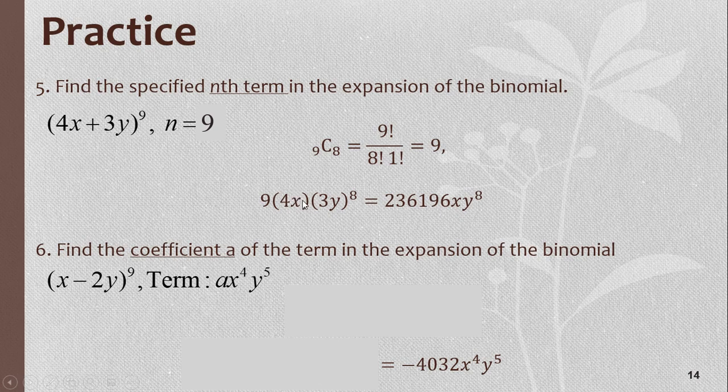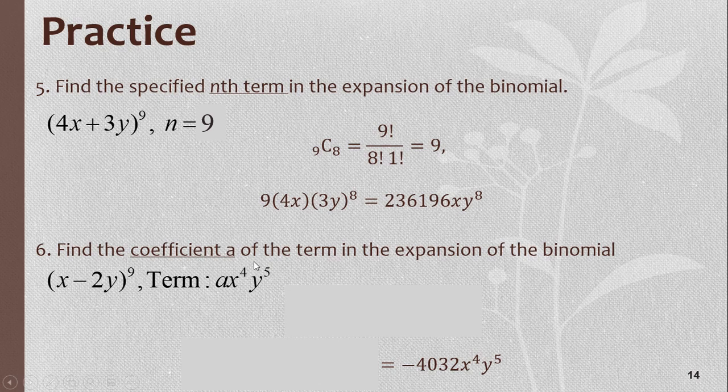So here, the x term, since remember the x is going in descending order, it goes from 9, 8, 7, 6, 5, 4, 3, 2, 1 for the 8th term. And here it goes 0, 1, 2, 3, 4, 5, 6, 7, 8, okay, for the y term.